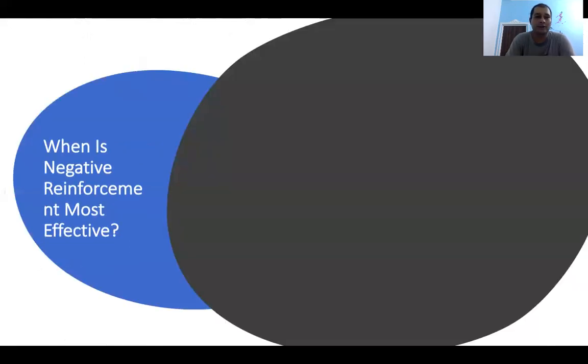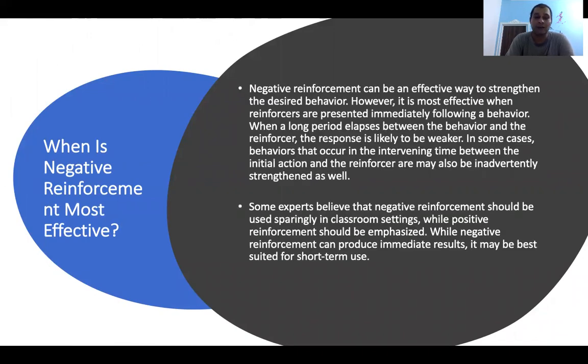Let's discuss when negative reinforcement is most effective. Negative reinforcement can be an effective way to strengthen the desired behavior. However, it is most effective when reinforcers are presented immediately following a behavior. When a long period elapses between the behavior and the reinforcer, the response is likely to be weaker.